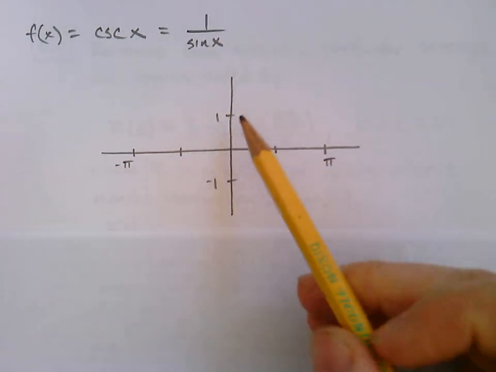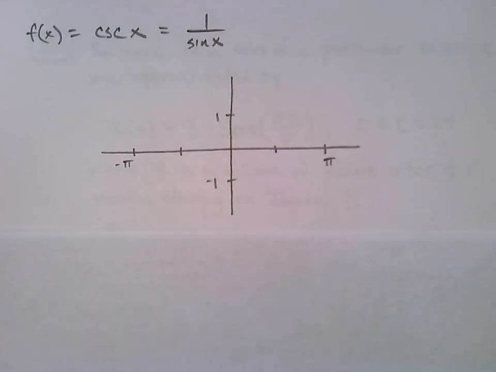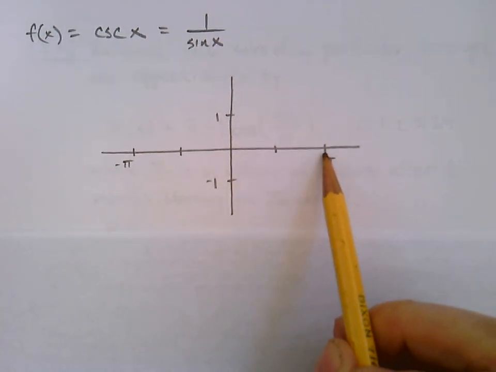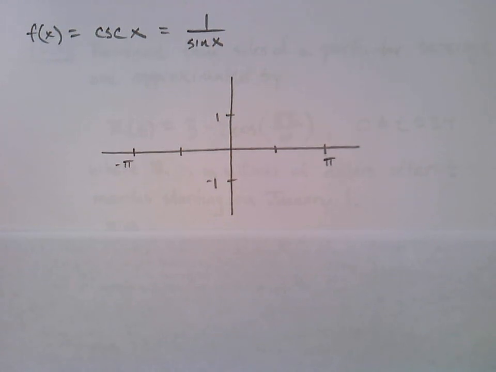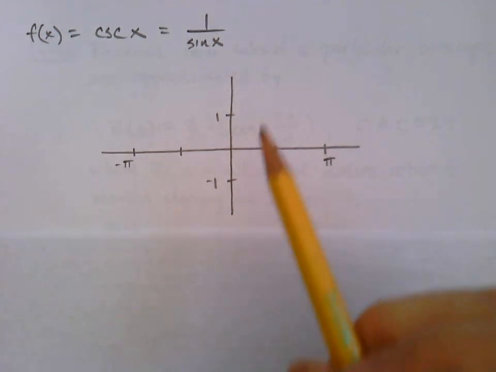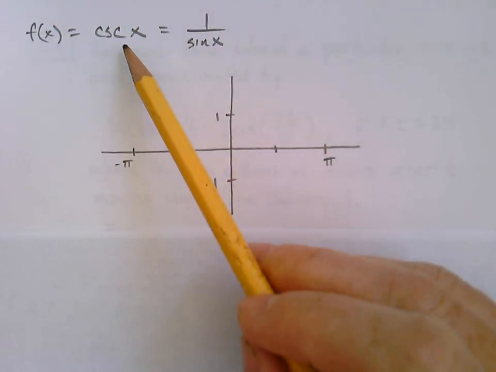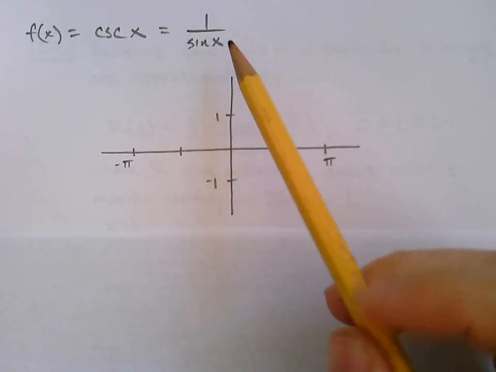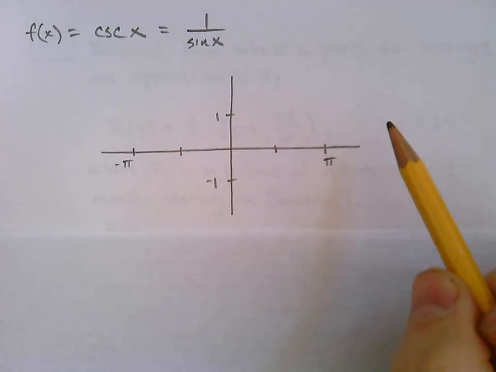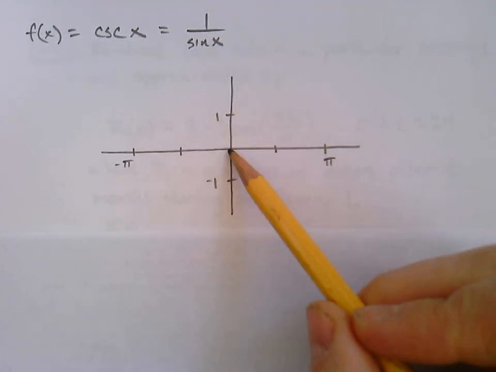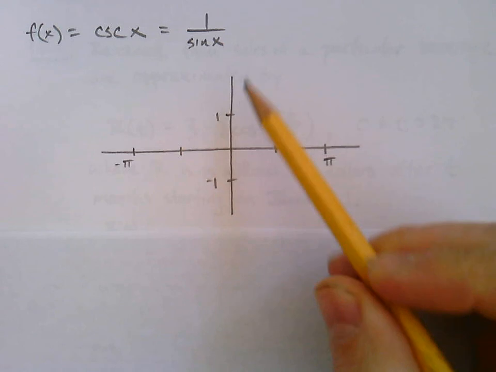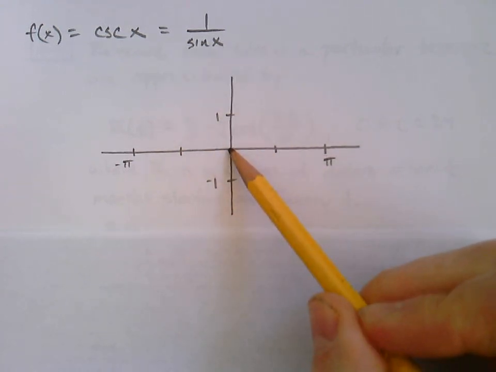So you notice I've brought back the -1 and the +1 on the y-axis, and I'm just going to go out to pi and -pi either direction there. So we think, okay, cosecant of x, 1 over the sine of x. The sine of 0 radians was 0, right? We go back to that graph. So at that moment, we're dividing by 0.